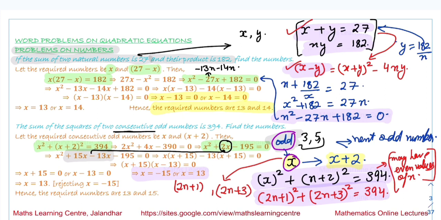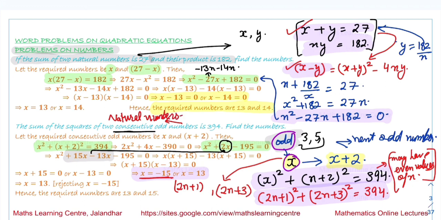We are rejecting minus 15 from the list. It is not necessary that we should reject, because we are talking about the odd numbers over here, so basically we are talking about the natural numbers.